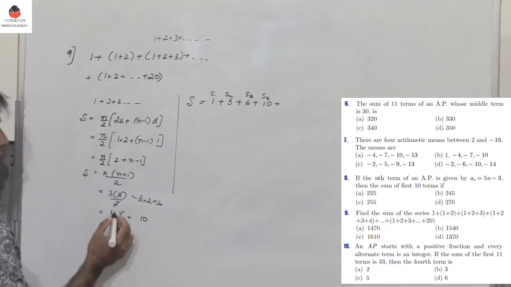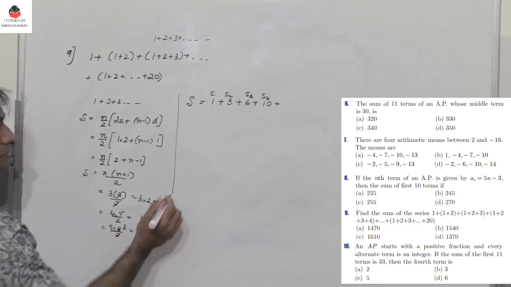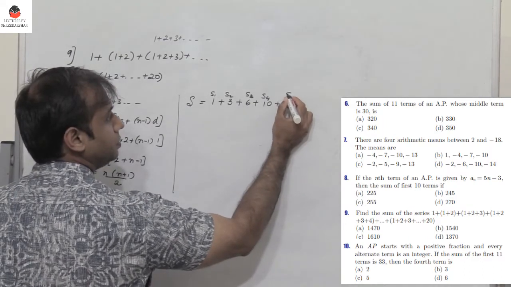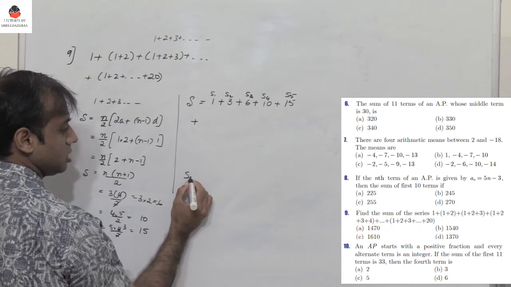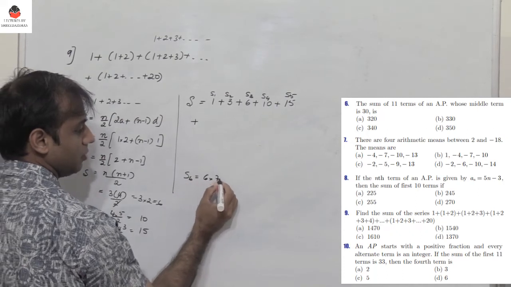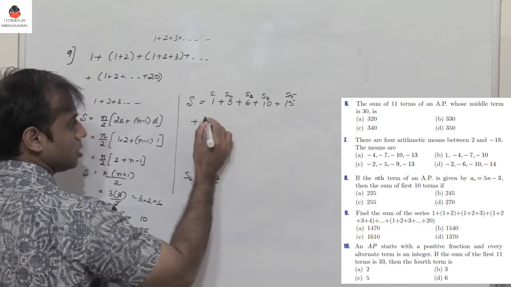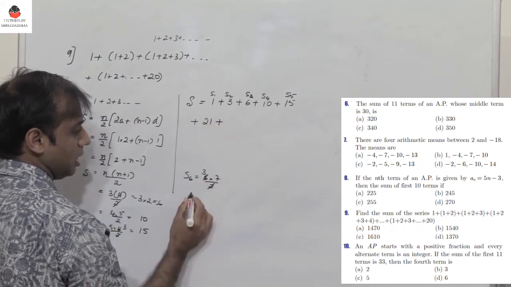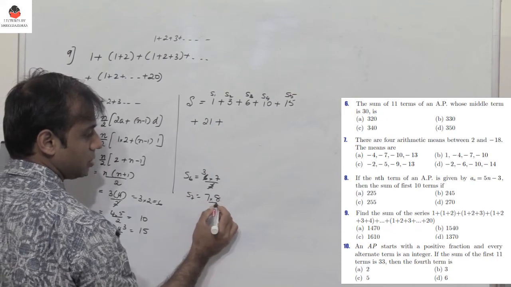And then S5. So that's going to be 5 into 6 by 2. So that's going to be 15, plus S6. So what is S6? 6 into 7 by 2, which is going to be 3 into 7, which is 21, plus S7. 7 into 8 by 2.